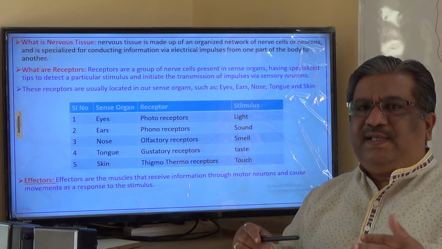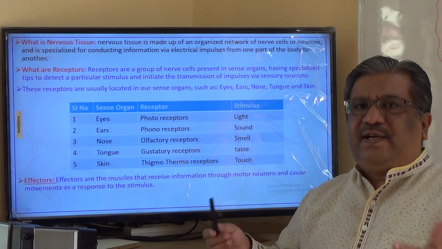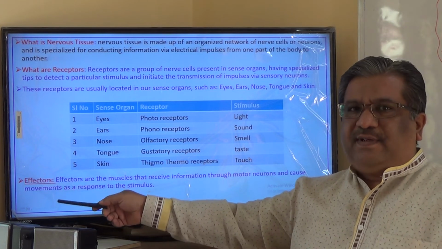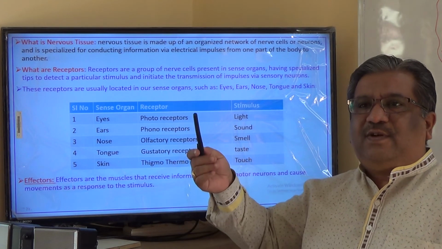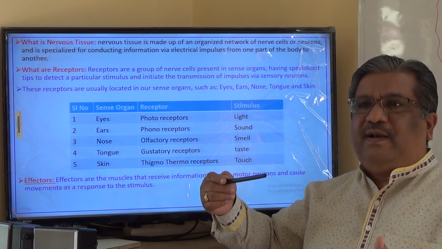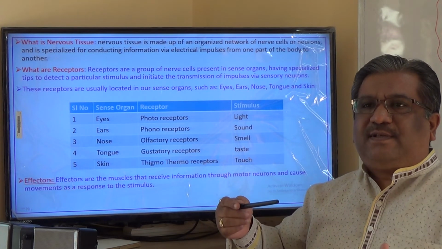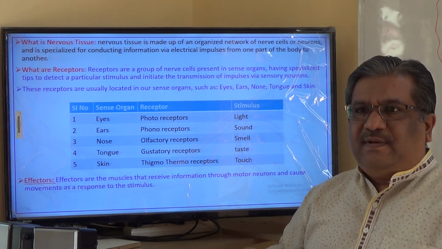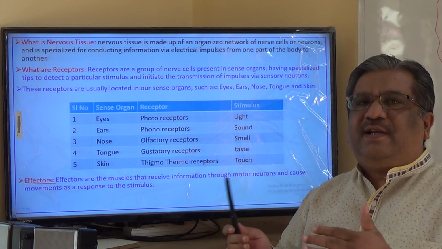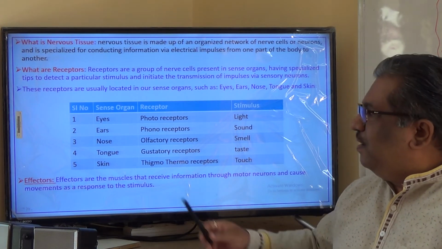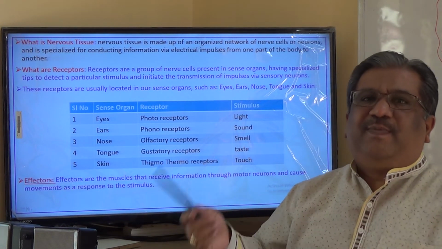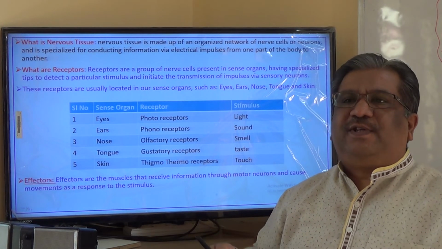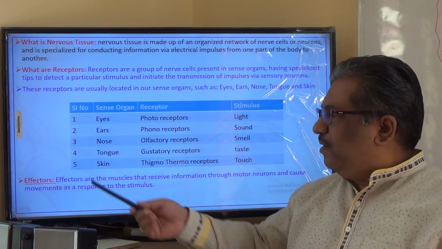And what initiates the contraction and relaxation of the muscles? The nerve cells which take the information from the brain, and which are joined to these muscles, initiate the contraction and relaxation. So effectors are basically the muscles, the movement of which causes body part movement.